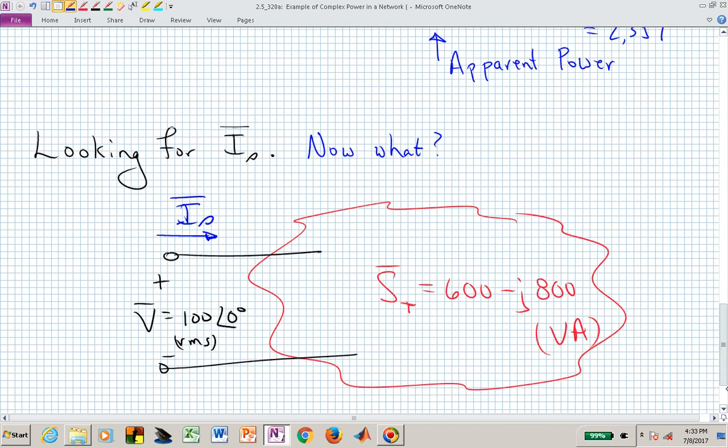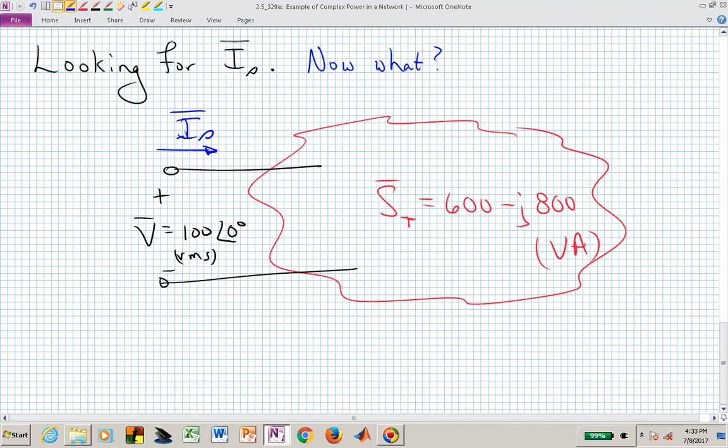And I hope now that you've worked with this enough that you can remember the formula for the complex power of a system, and in this case, that red blob is really just a system. We know its voltage, and we're trying to find its current, but we know that the complex power is the product of voltage times the complex conjugate of the current.